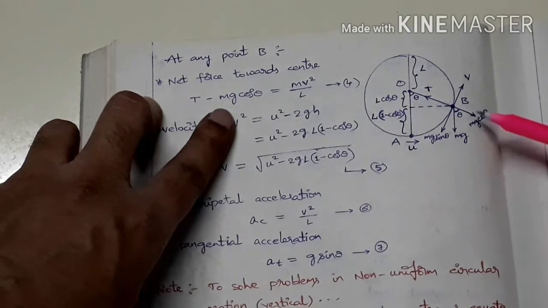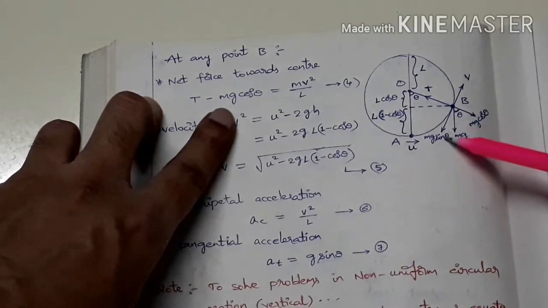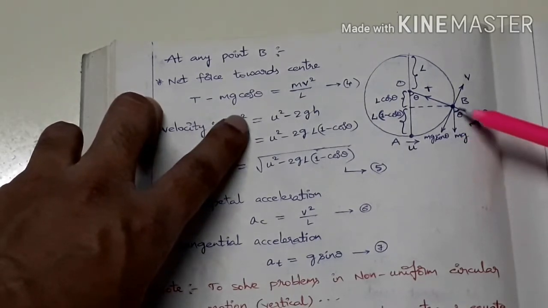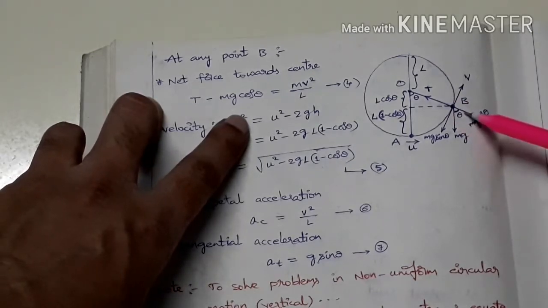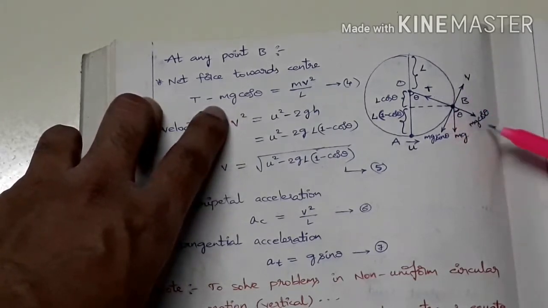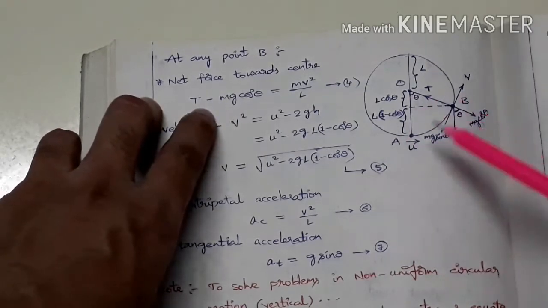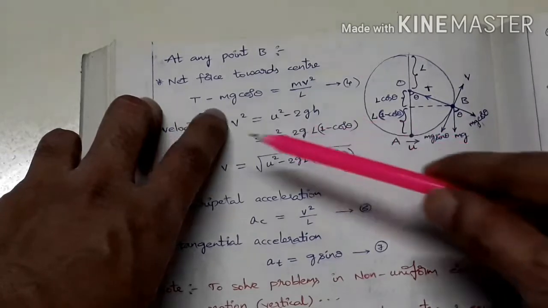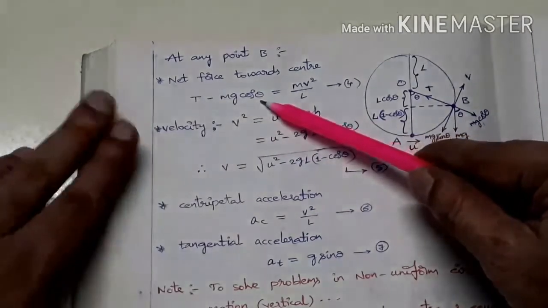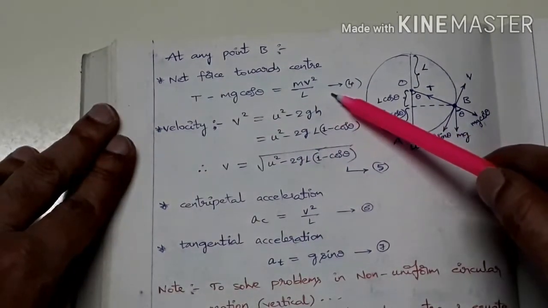Okay, and this mg sin theta is unbalanced force here. Actually these two are not balanced, sorry, because here centripetal force is required, no? So T is greater than mg cos theta, because in this direction we require centripetal force, because it is performing circular motion here. So T minus mg cos theta equal to mv square by L.